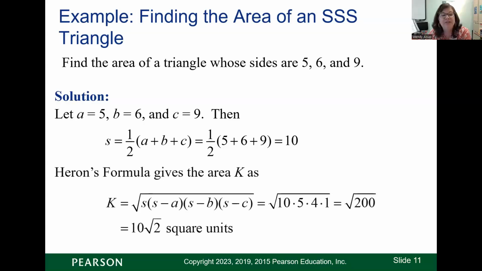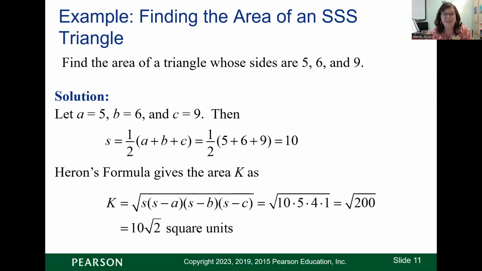The area then is going to be the square root of 10 times (10 minus 5, which is 5) times (10 minus 6, which is 4) times (10 minus 9, which is 1). So the square root of 10 times 5, 50, times 4 is 200, the square root of 200. You can simplify that as 10 root 2 square units if they want an exact answer, or you could put it in your calculator and get an approximate answer.